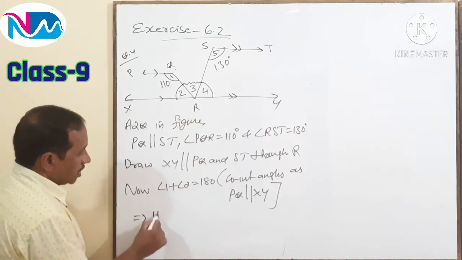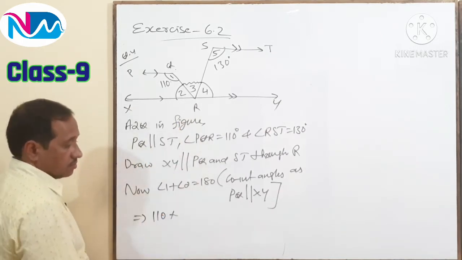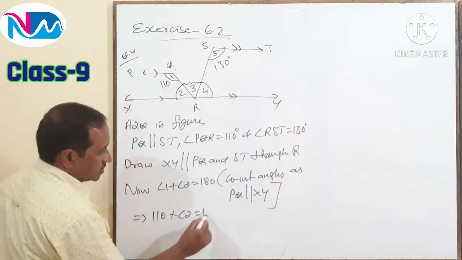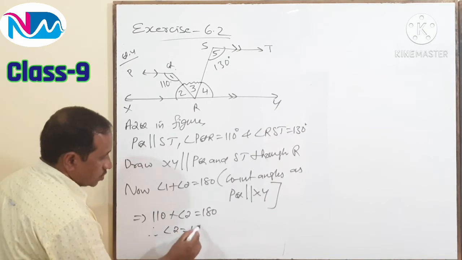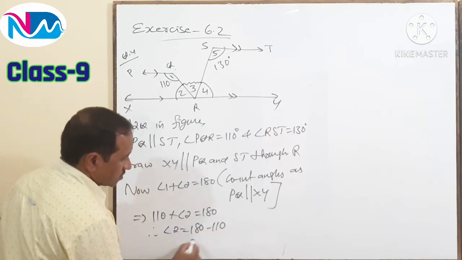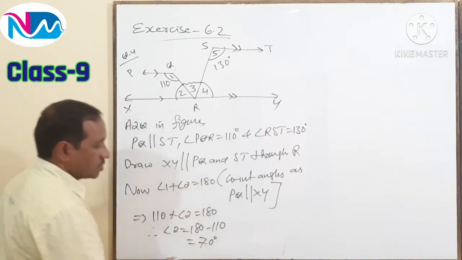That gives angle 1 is 110 plus angle 2 is equal to 180. Therefore, we get angle 2 is equal to 180 minus 110, which is equal to 70 degrees.